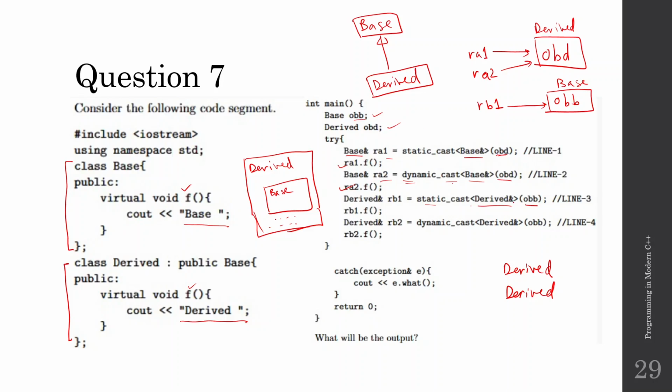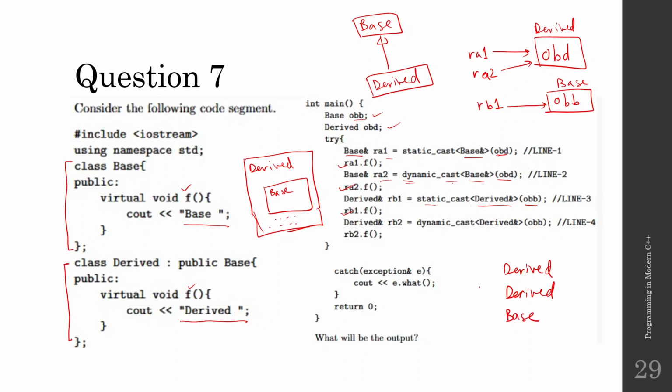Anyway, once we perform this cast, we have RB1, which is of derived type, but it is pointing to a base type object. And now we are invoking rb1.f. Since the object is actually a base type object, it will invoke the f function of the base class, and when we do that, we'll get base in the output.